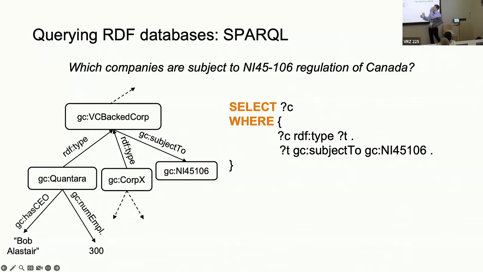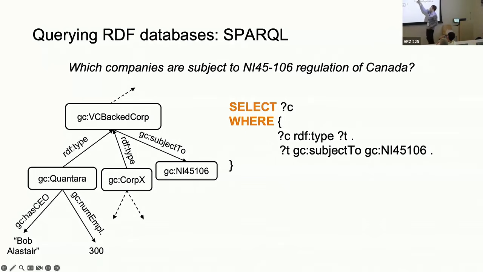Here, it's in some sense closer to a Datalog type of join where you put variables. This is asking: find me all companies, right? Find me all C's, objects that are of type some T, and that T is subject to this regulation. You're doing a natural join by using the same variable twice, which is how you were doing joins in Datalog, right?